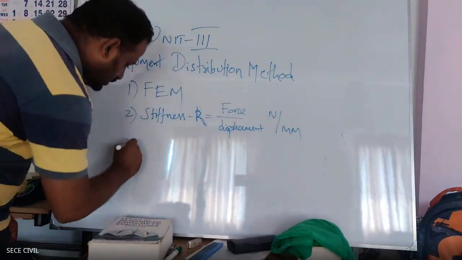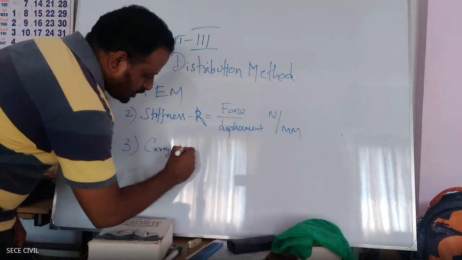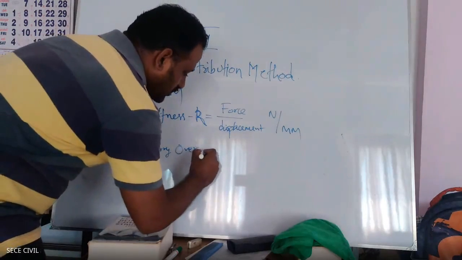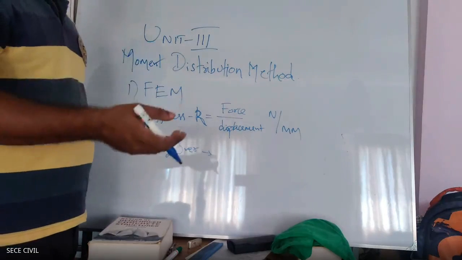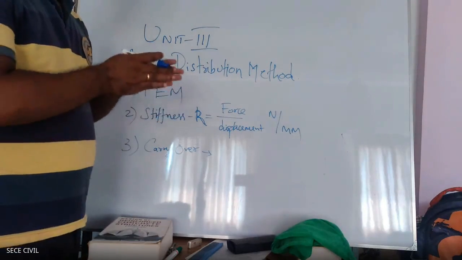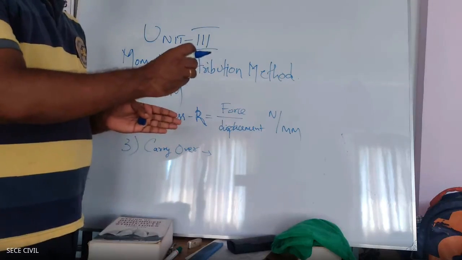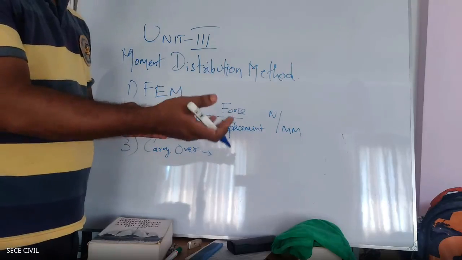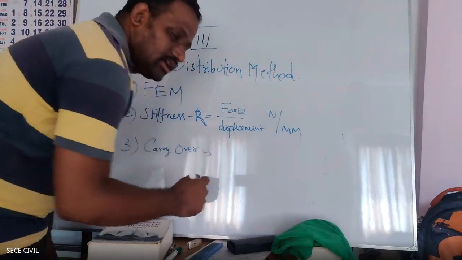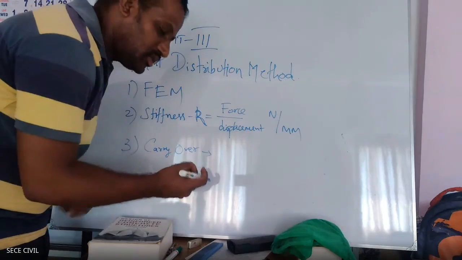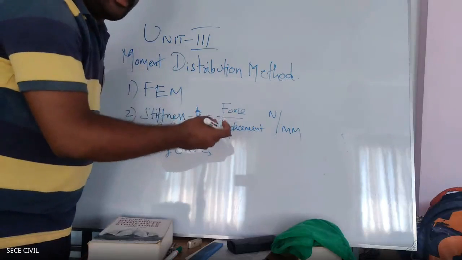Then the third term is carryover factor. Carryover is nothing but transferring a moment to the far end. Now we are considering support A, joint A. We are transferring a part of the moment to the far end, that is B. So that is carryover. Normally the carryover factor is half of the moment.